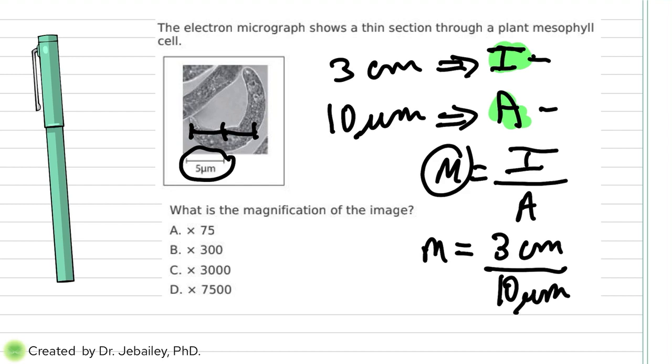And this is the next mistake that students make. The biggest mistake is that they forget these cannot be in different units. They have to be in the same unit. So you can change micrometers to centimeters, or centimeters to micrometers. I usually go from centimeters to micrometers.